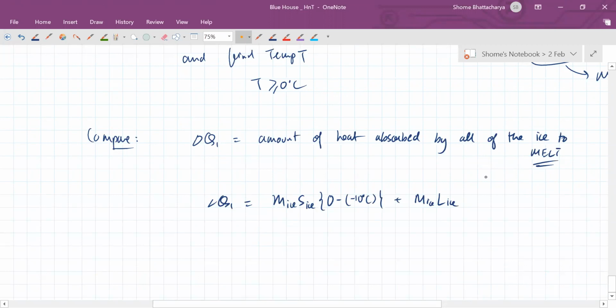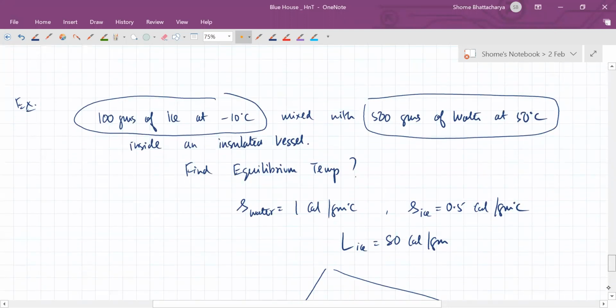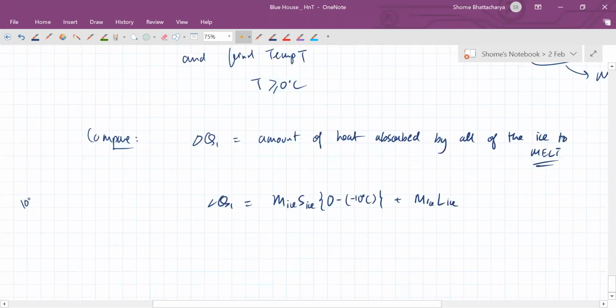So we had 100 grams of ice at -10 degrees C. So this is 100 into 0.5 into 10 plus 100 into 80.